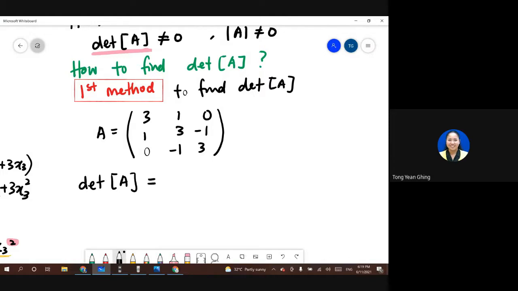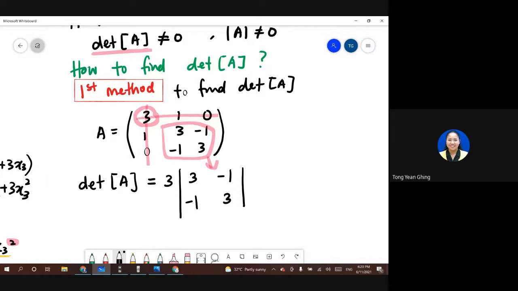I will start with this value, this 3, and put it in front here. Then I will cross out the same row and the same column, exclude those values, and then choose the remaining values and put them in here. So it becomes 3, -1, -1, 3.